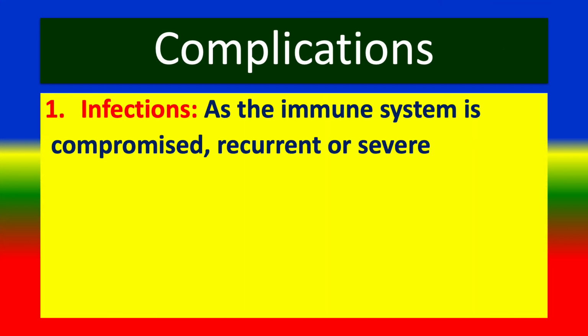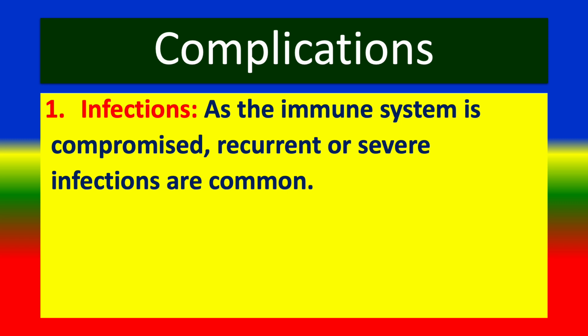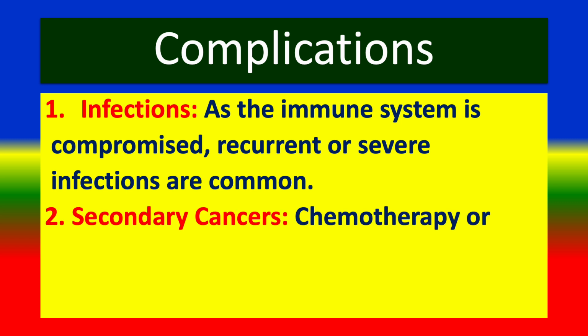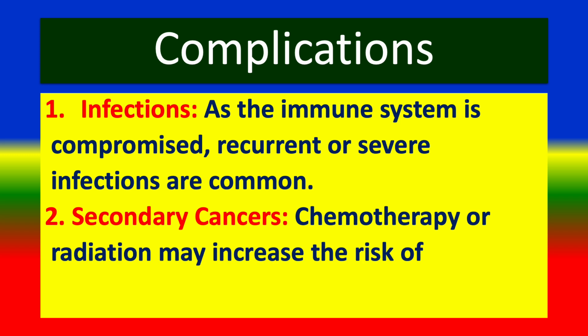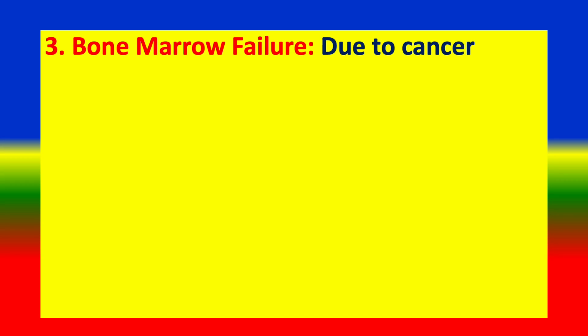Complications. 1. Infections. As the immune system is compromised, recurrent or severe infections are common. 2. Secondary cancers. Chemotherapy or radiation may increase the risk of secondary cancers. 3. Bone marrow failure.